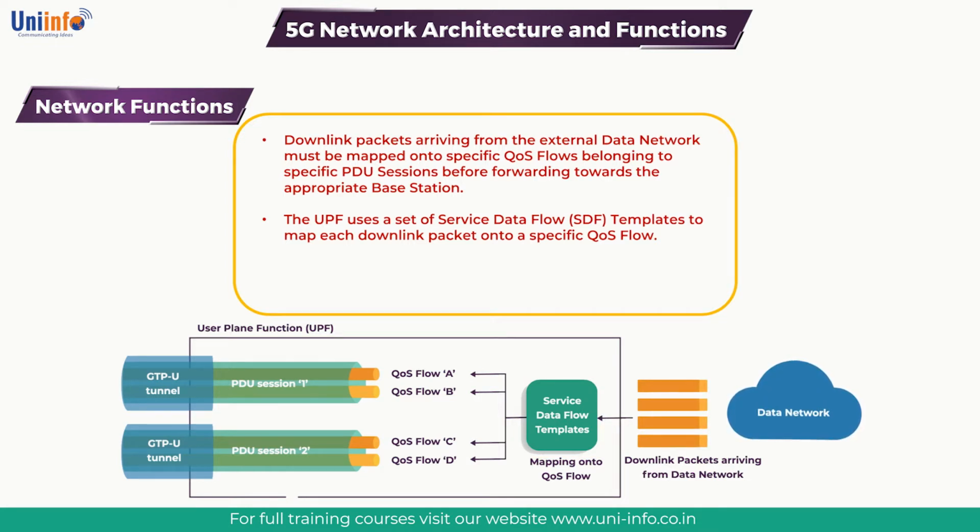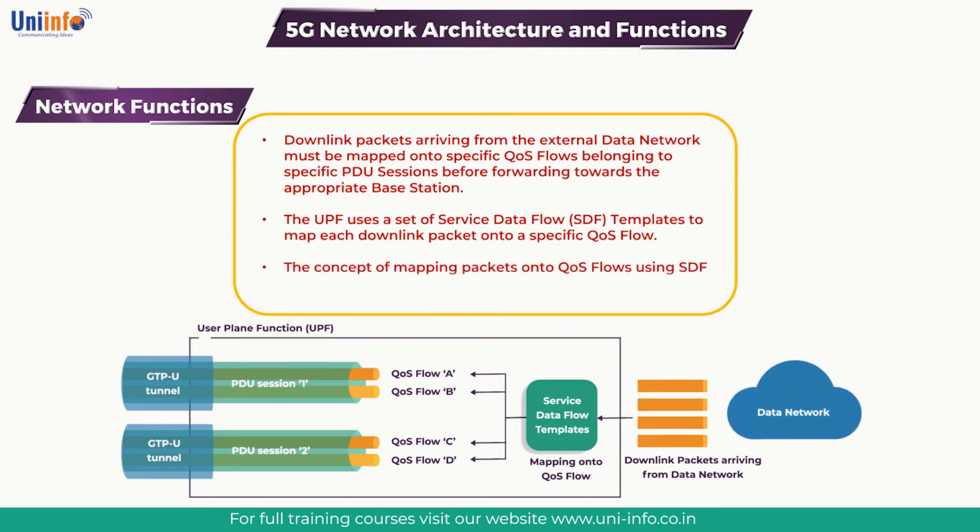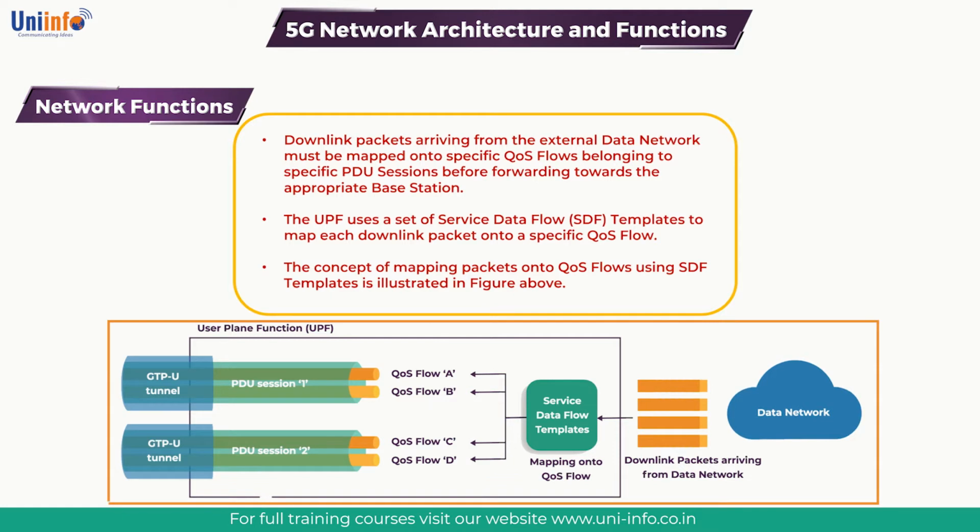For example, the following parameter combination: source IP address X, destination IP address Y, source port number J, destination port number K should be mapped onto QoS flow A belonging to the PDU session. The concept of mapping packets onto QoS flows using SDF templates is illustrated in the figure on the screen.